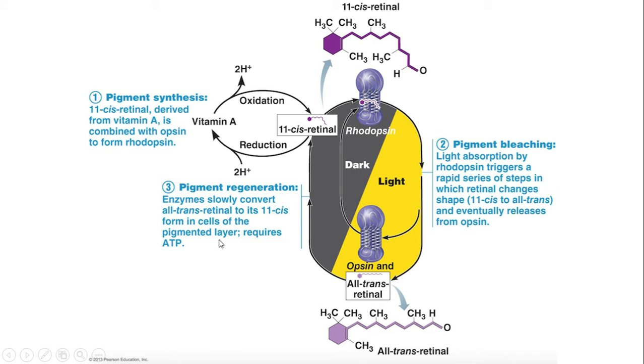And keep in mind that this does require energy. So this is an active process. It is not passive, so you need your ATP. And they go back up here, and you can just continue the same steps once again, where 11-cis retinol, when we're starting from number 3, is already regenerated, so it can just go right on and bind to opsin, and then we have our rhodopsin, which is our pigment synthesis.